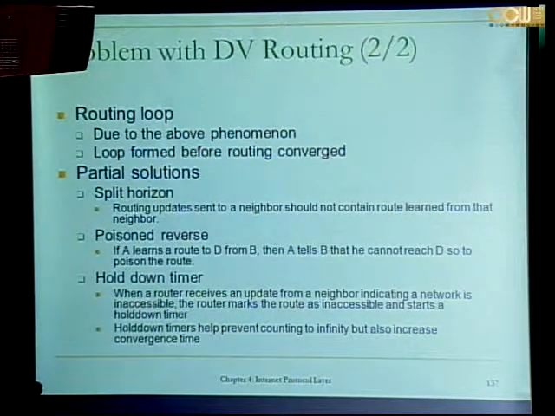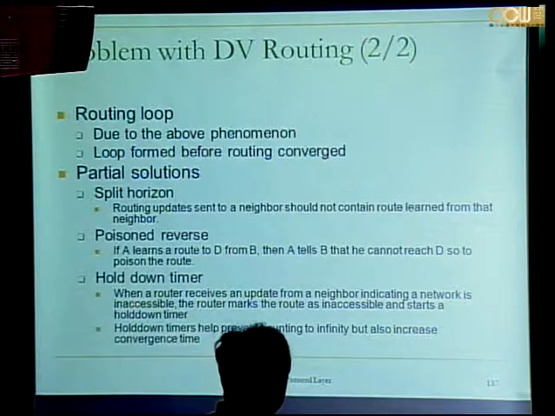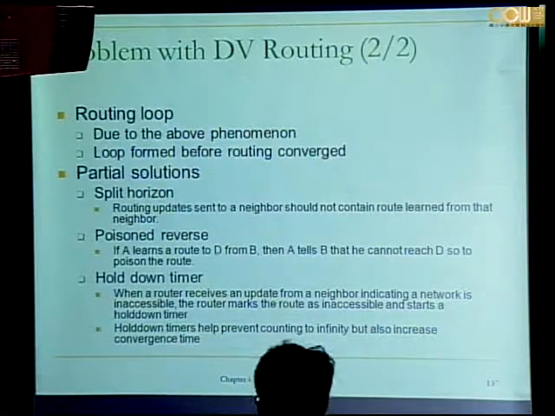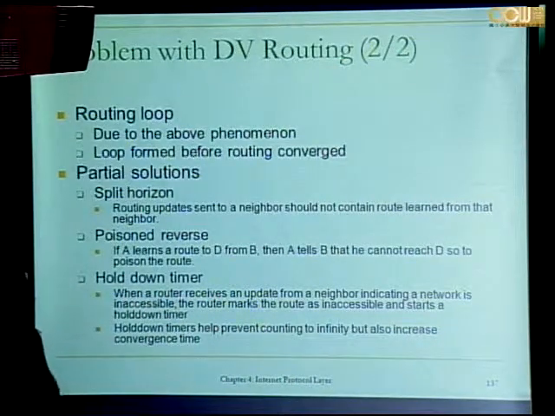So if I'm using B as the next hop for destination D, then in the information I send, I should not tell B I can reach D. I should tell B that I cannot reach D. So that's called Poison reverse.